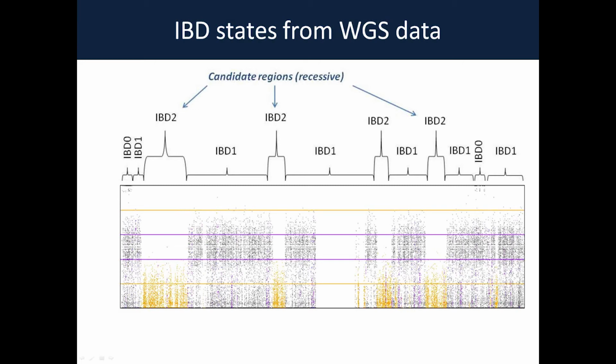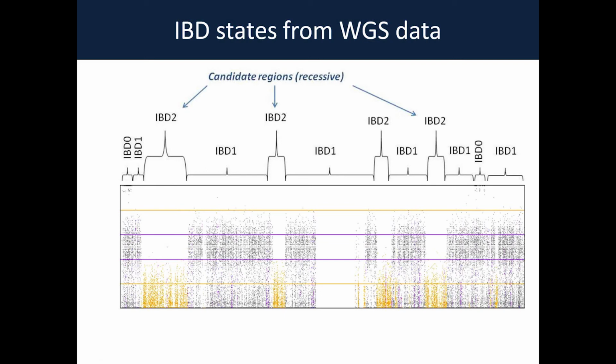That seems to be a really quick and effective way of picking out different IBD states. This is real data for two affected siblings from the WGS500 project, showing chromosome 1, where we thought there would be a recessive mutation in this family. The regions shared IBD2, which the software picks out quite nicely, are the candidate regions.